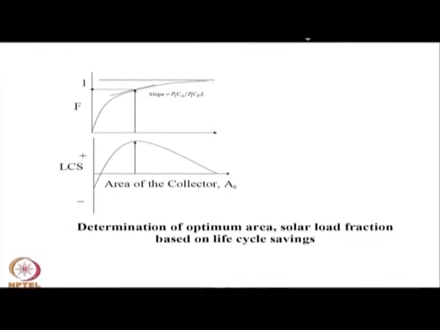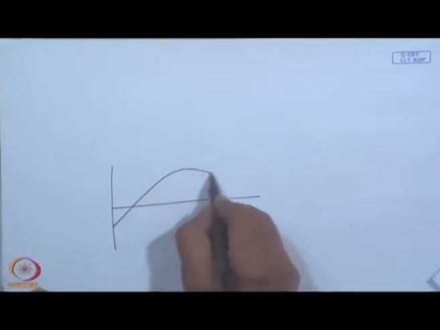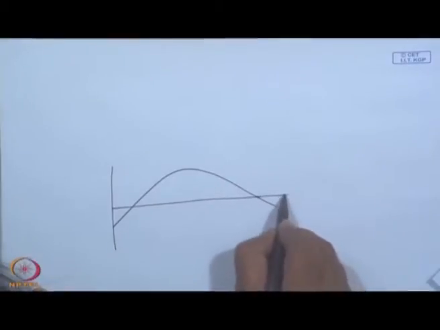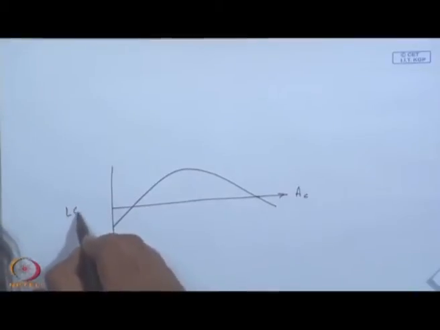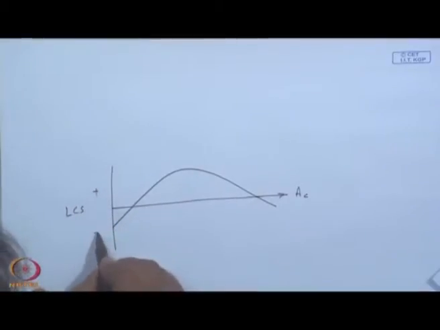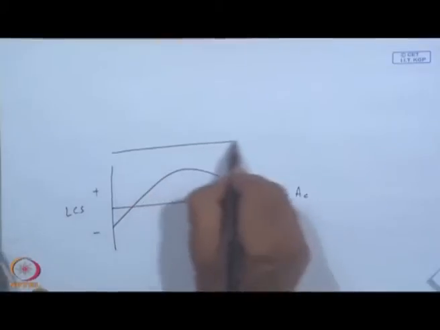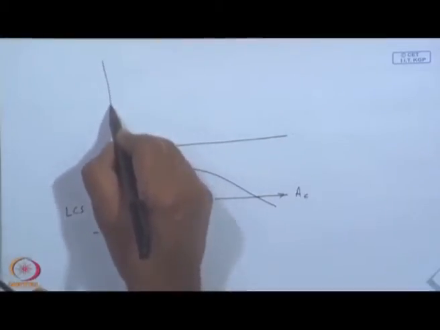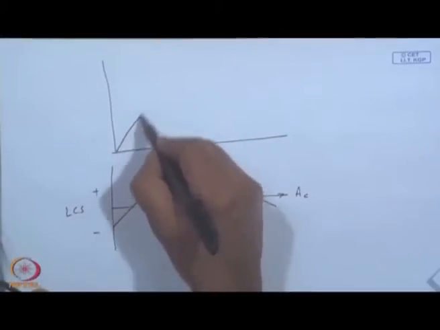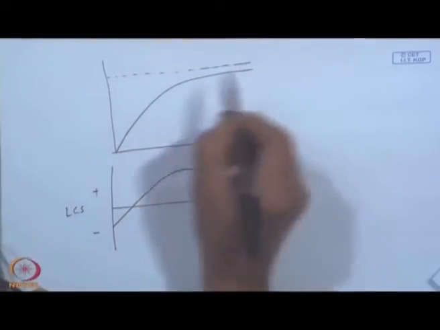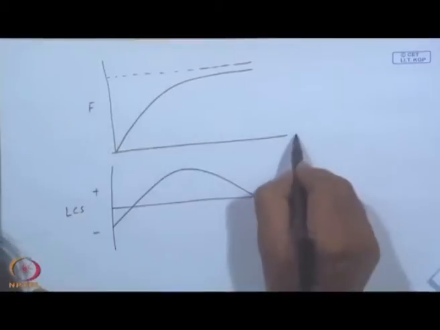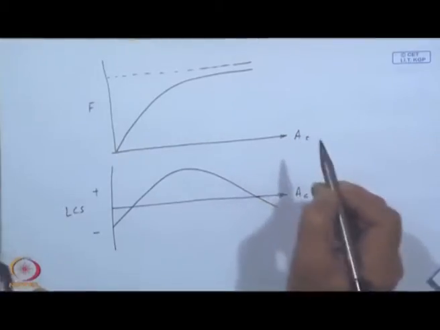So, now we have briefly indicated about the life cycle savings curve. This is the area AC and this is LCS positive and negative, and this is the area versus F curve.